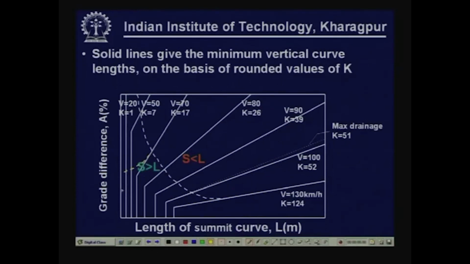Maybe for k equal to 80 also it may be something like this. So, it bends to the left side as per the formula. If we use the formula and try to calculate the length, the lines will take a shape like this.